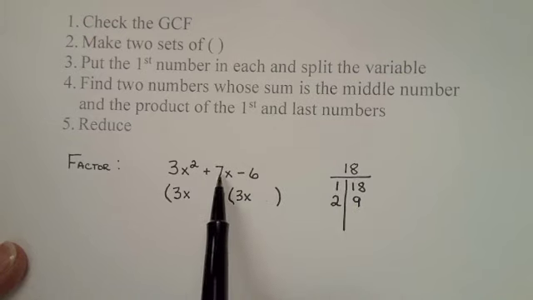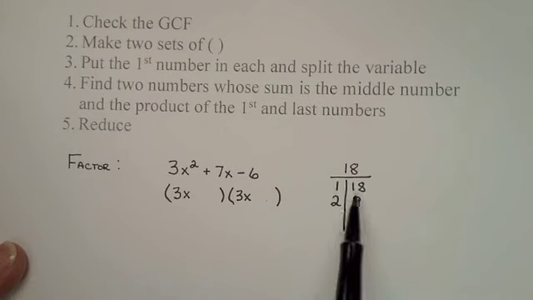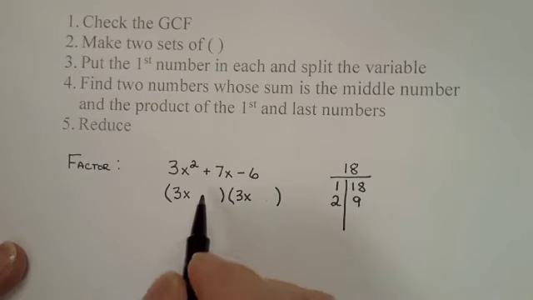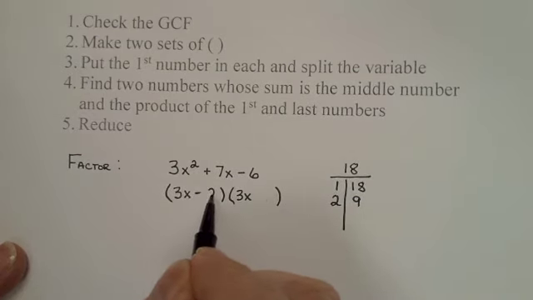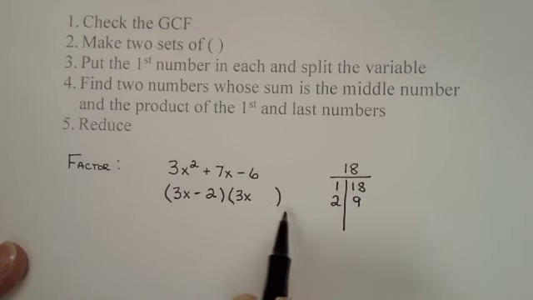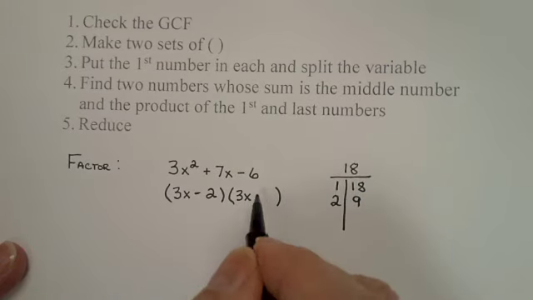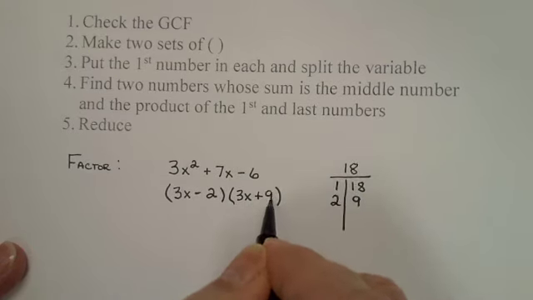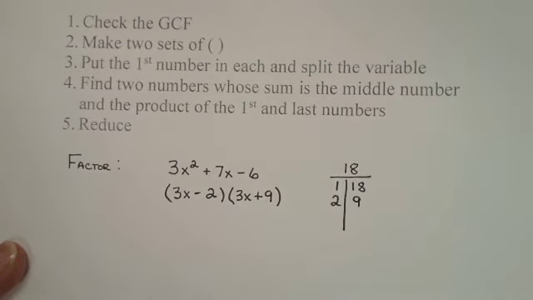I need a positive 7, so the larger one needs to be positive. I want to put a negative 2 right here. It doesn't matter which spot I put the numbers in. And a plus 9 right here. I've got one more step I need to do here. I need to reduce these parentheses. This first one, is there a number that will go into 3 and 2?